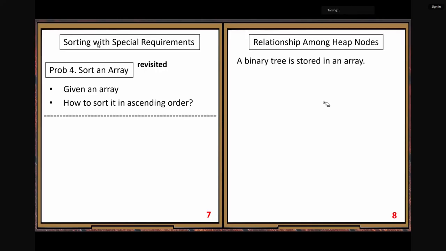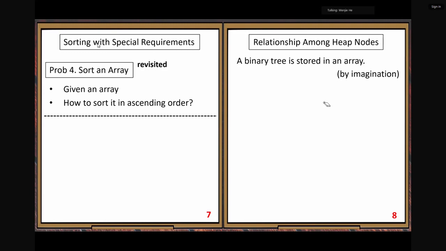A binary tree is stored in an array. By imagination, because you cannot see a binary tree. But although it's an imagination of the binary tree, it has all the properties of a binary tree.